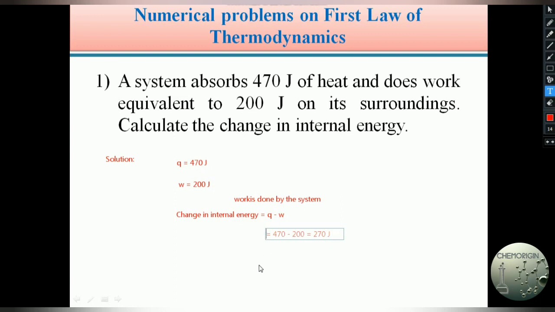Students, in this manner you can calculate the change in internal energy. According to the first law of thermodynamics, we apply the formula Q minus W. So in the given problem, delta E, the change in internal energy, equals 270 joules.